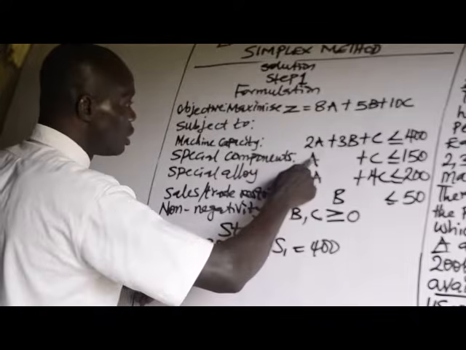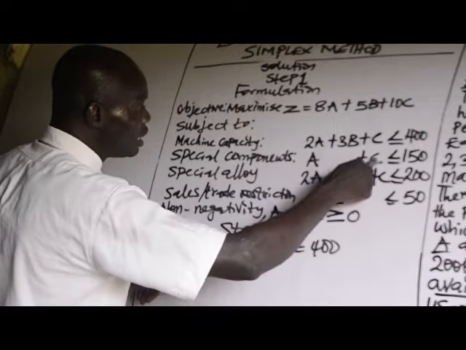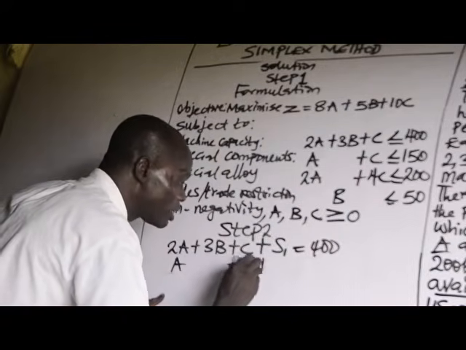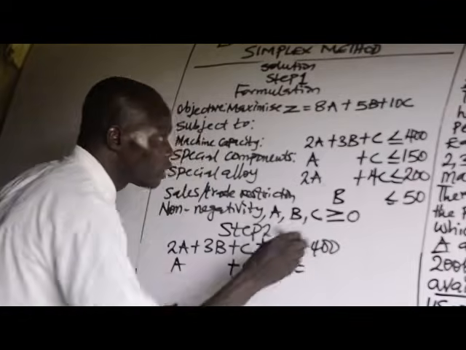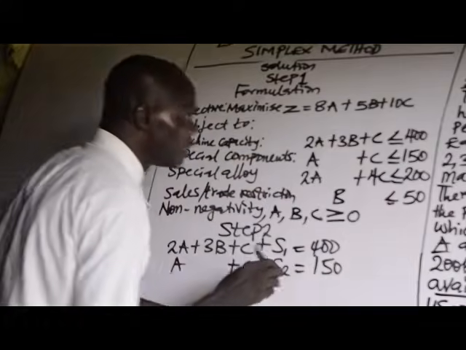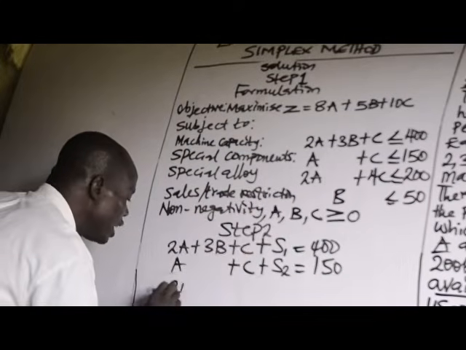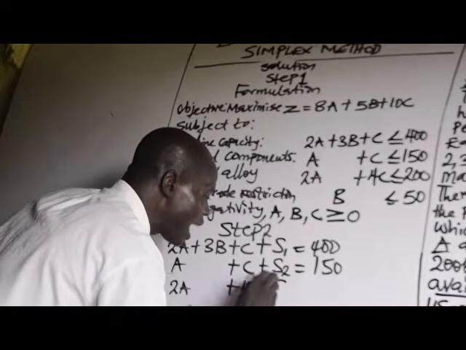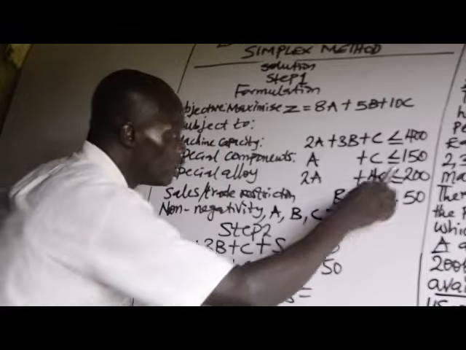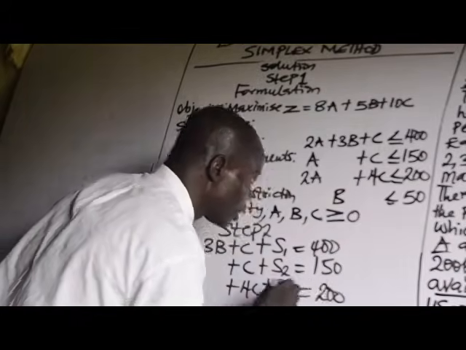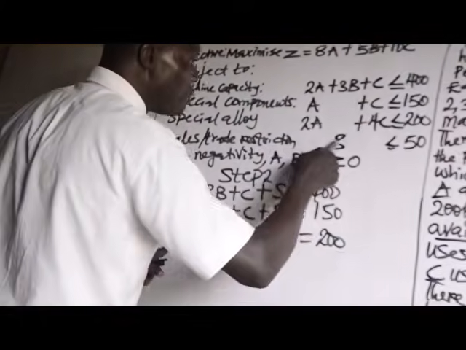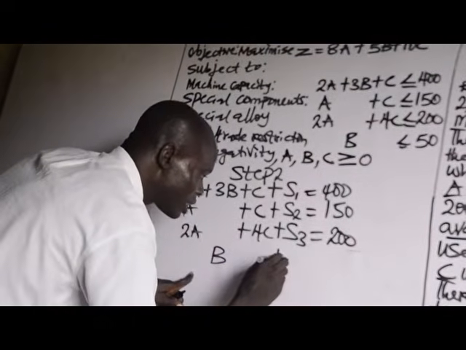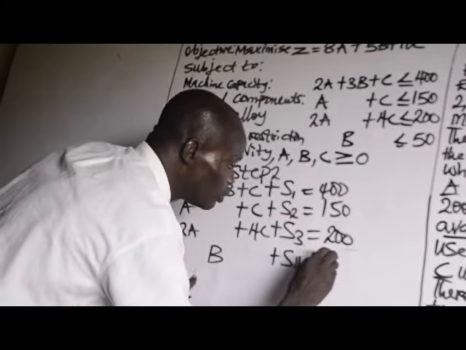Then the second one, A plus C plus slack 2, equals 150. Then the third one, 2A plus 4C plus slack 3, equals 200. While the fourth one, we have B plus slack 4, equal to 50.